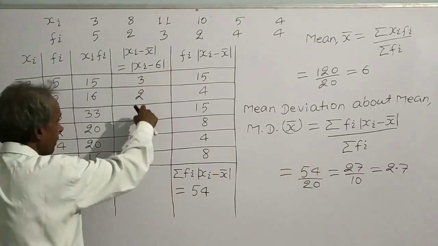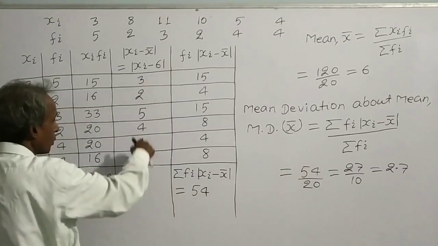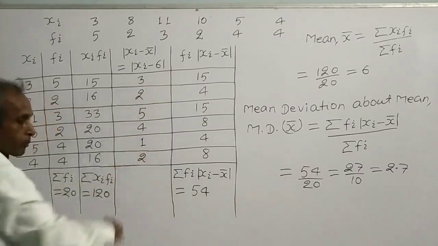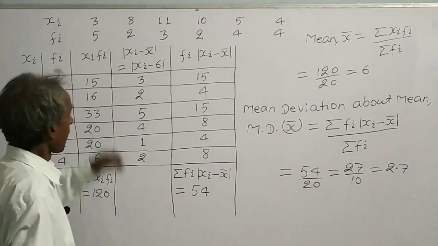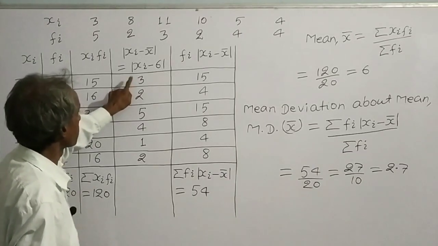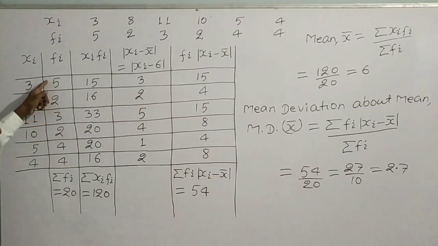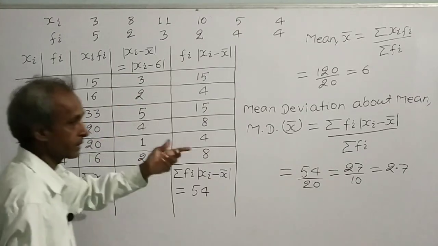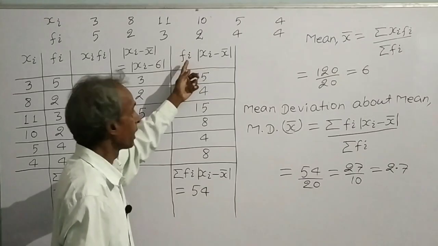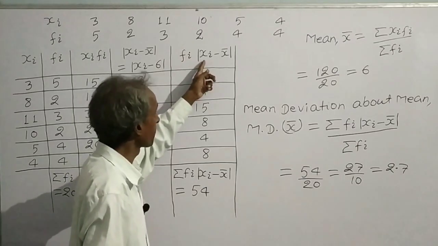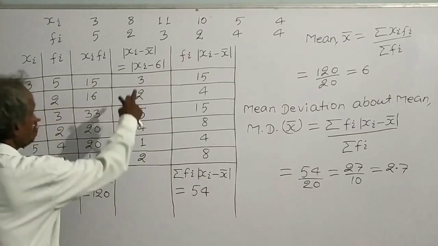In this way, we write value in this column. Now we multiply value of this column with value of this column. That means we find value of fi times mod of xi minus x bar.